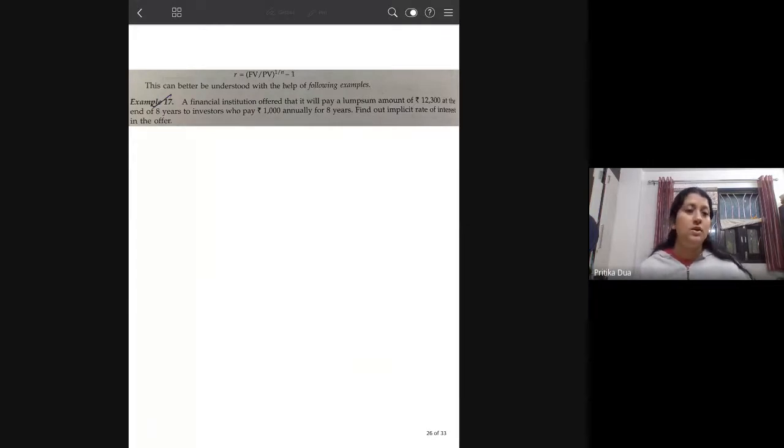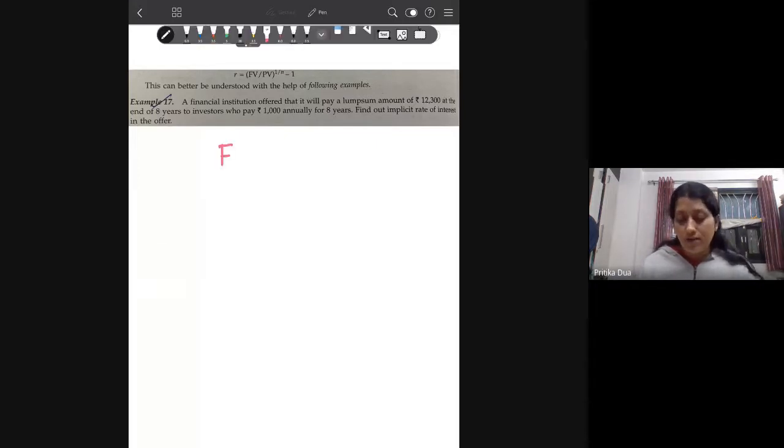Now in this question, a financial institution offered that it will pay a lump sum amount of 12,300 at the end of 8 years to investors who pay 1,000 annually for 8 years. Now, the future value that has been offered by the financial institution is rupees 12,300, and the time period is 8 years.